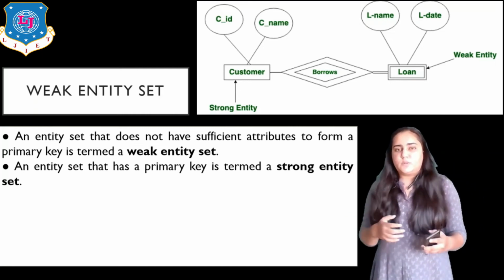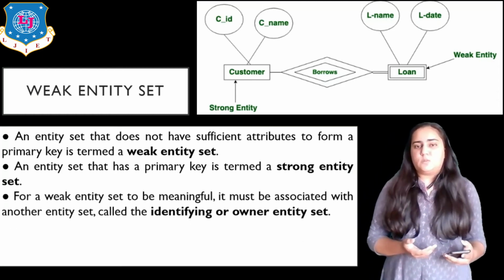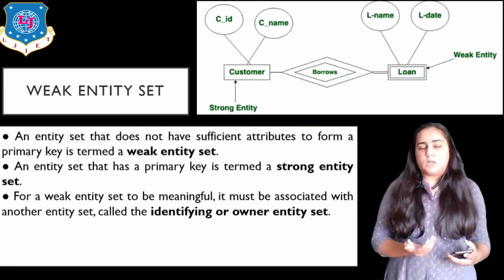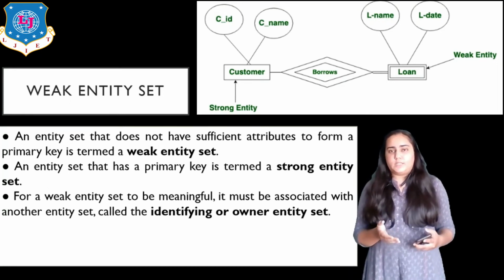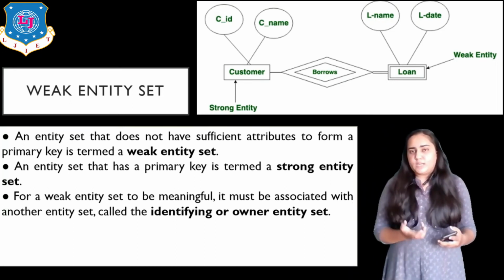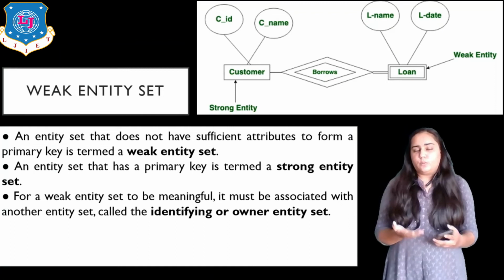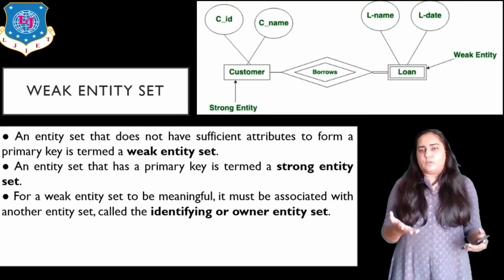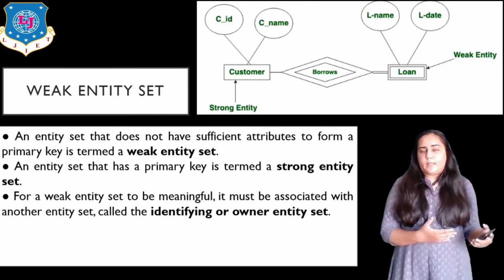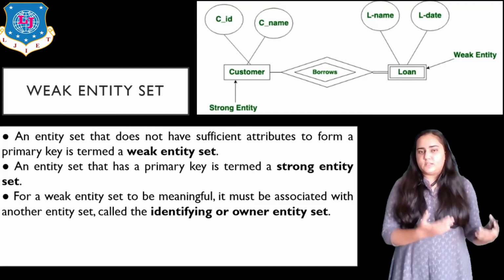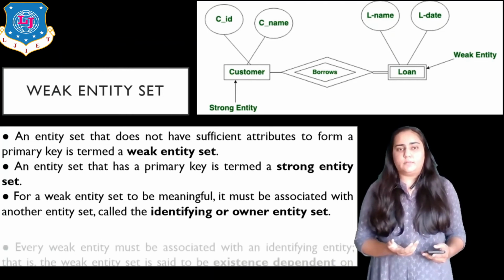So an entity set that has a primary key would be a strong entity set. So in this case, customer is having a primary key, so it's a strong entity set. And for a weak entity set to be meaningful, it must be associated with another entity set called the identifying or owner entity set. Now, loan is a weak entity set. It does not have its own primary key, but when you associate loan with customer, you have some meaningful relationship, because you can say that this loan belongs to this customer. And due to that, the customer entity would be identifying entity or owner entity.